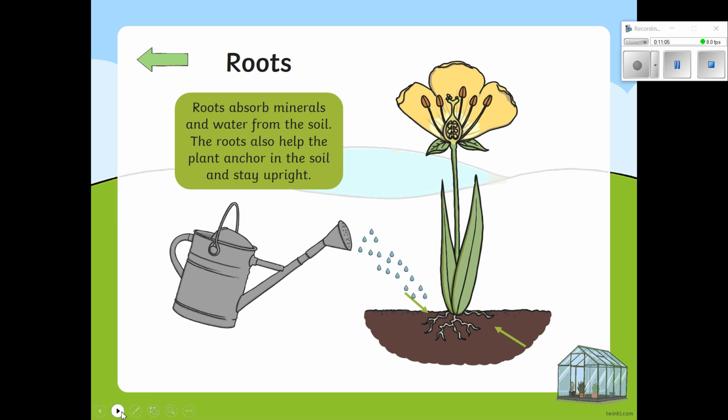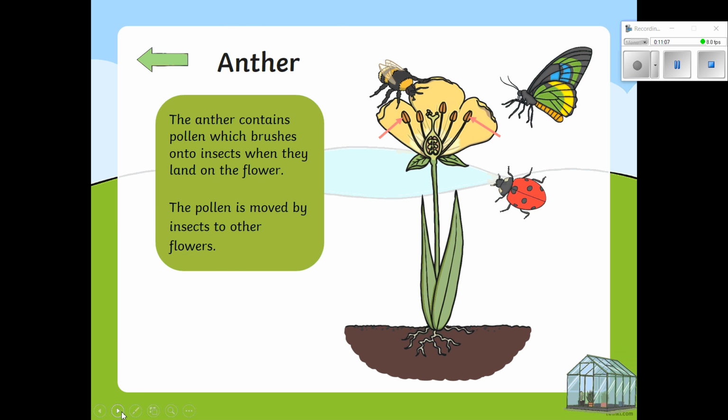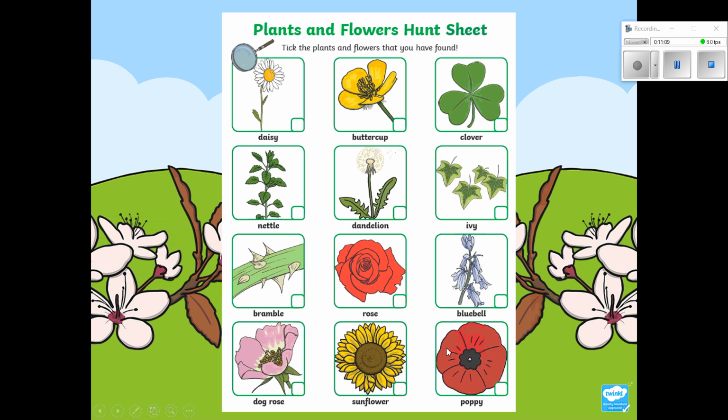I'll just go through them. Your job now is to have a look at these different plants and flowers on this hunt sheet. So here we've got a daisy, a buttercup, a clover, some ivy, a dandelion, a nettle, a bramble, a rose, a bluebell, a poppy, a sunflower and a dog rose.